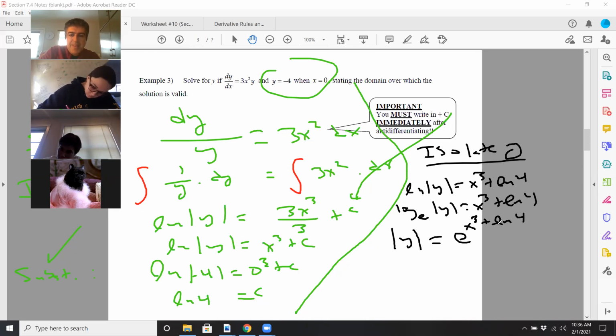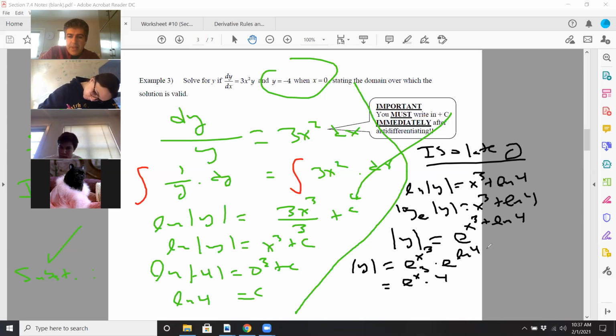Which means you're going to have to do a little separation here. It's going to be, if I'm not mistaken, e to the x cubed times e to the ln 4. That's the same thing. You could break apart the powers that way. e to the ln 4 is actually 4. Remember, e and ln cancel out because they're the same base.